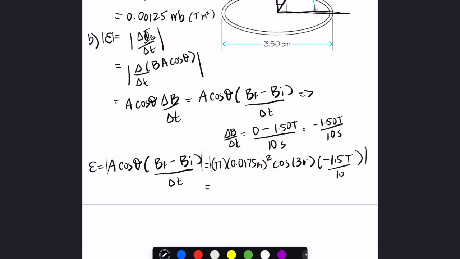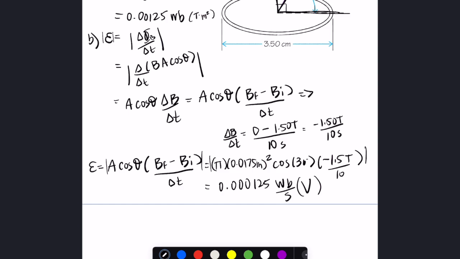And what we're going to get is the same thing we got before, but a couple of decimal places over. So 0.000125. Units of that is a Weber per second, but that is also a volt, because an EMF is a voltage.